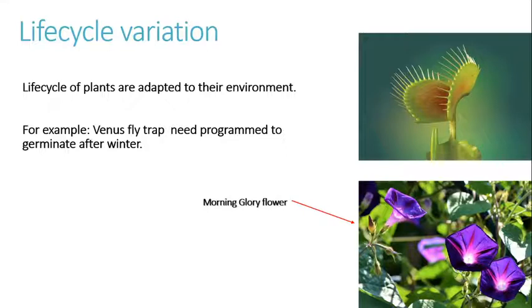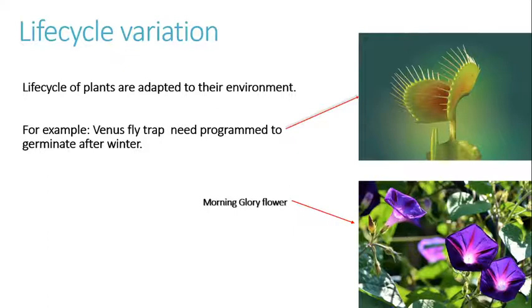For example, the Venus flytrap, this one is programmed to germinate after winter, so it needs a cold temperature or cold environment, and then the seed will germinate.